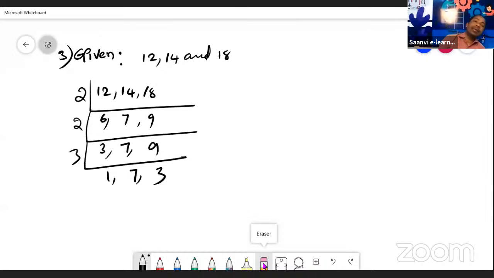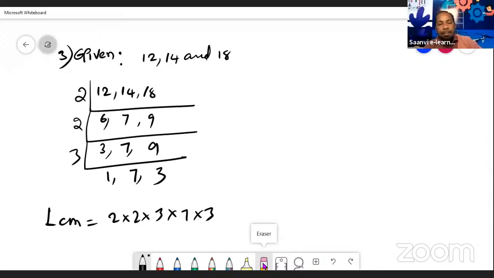Okay. Now see, we have got all prime numbers. So LCM is equal to 2 into 2 into 3 into 7 into 3.